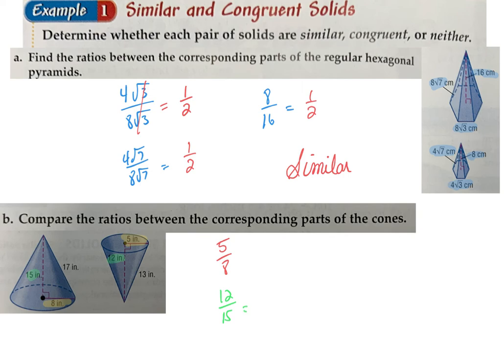Yes, it reduces by 3, so it's going to be 4/5. Then that last one doesn't reduce at all, 13 over 17. This would indicate that these are not similar, because my ratios are different. So we would say not similar.